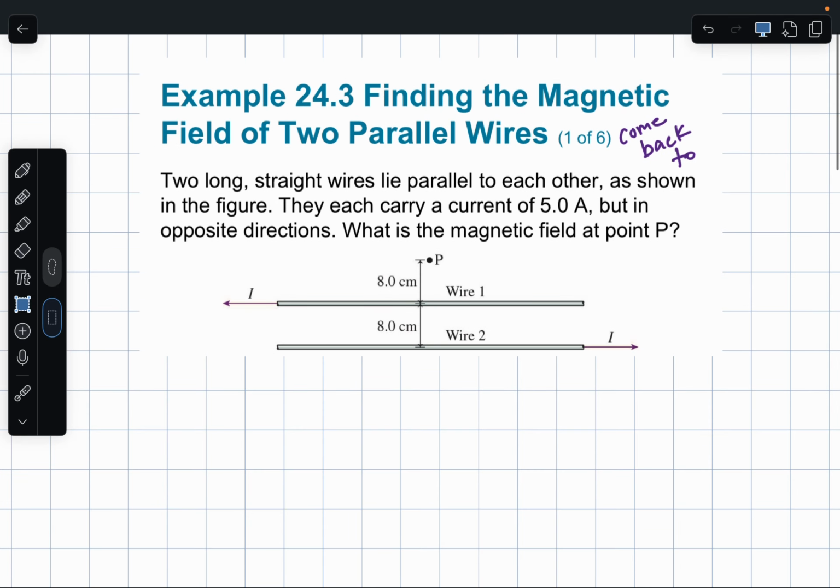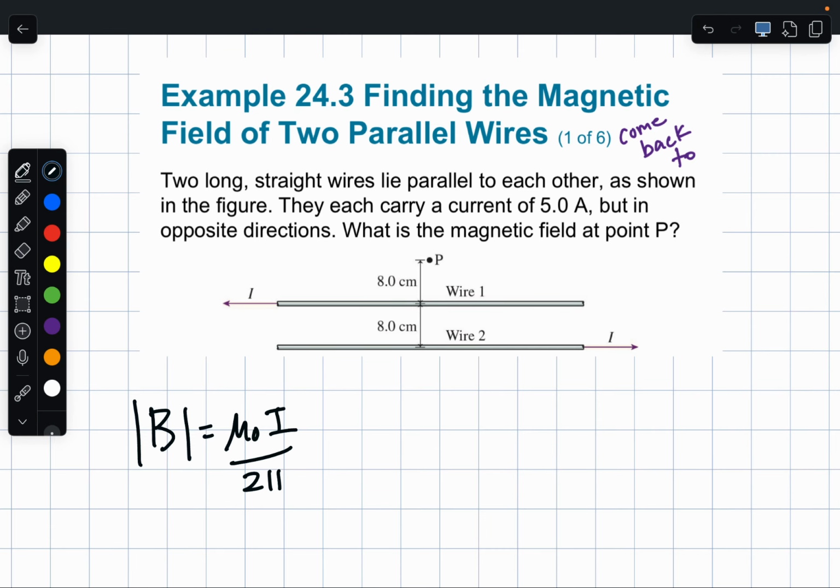The magnitude of our B fields is given by the general equation mu naught I over 2 pi r. That's our equation for the magnitude of a magnetic field created by a straight wire.